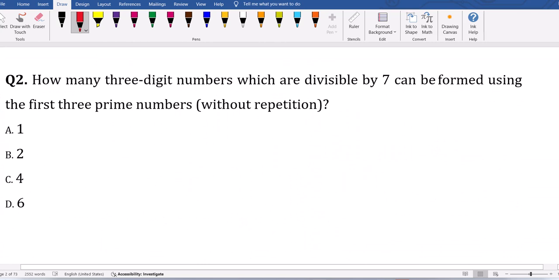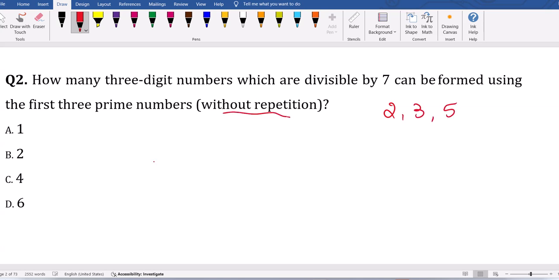Now here: how many 3-digit numbers which are divisible by 7 can be formed using the first 3 prime numbers? The first 3 prime numbers means 2, 3, 5.